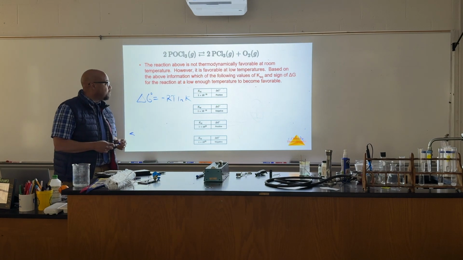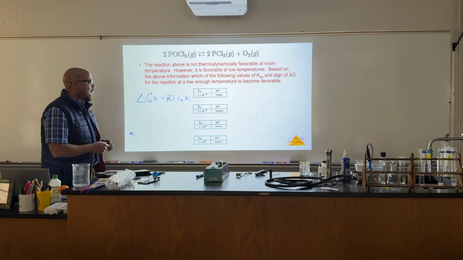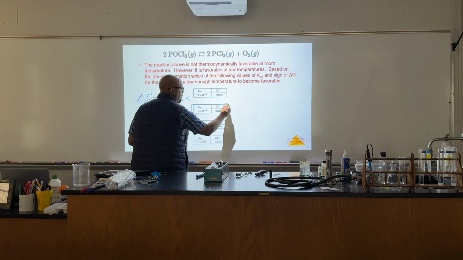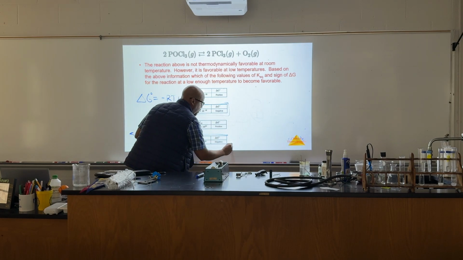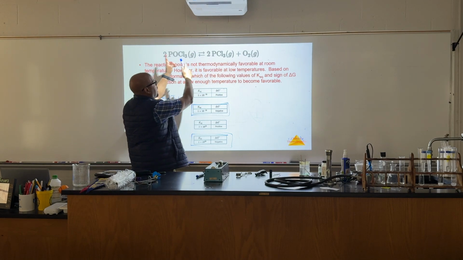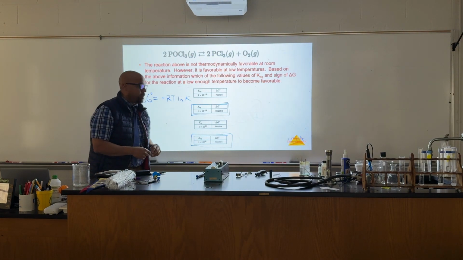And how is this going to be possible? Well, if I want it to be spontaneous, I know that my possible combination of answers is either this answer here or this answer right here. Because I need my delta G to say I don't want this thing existing in equilibrium. I want it to favor going in the forward direction.